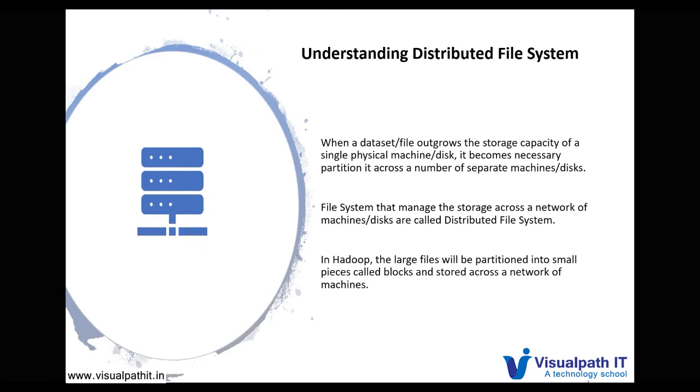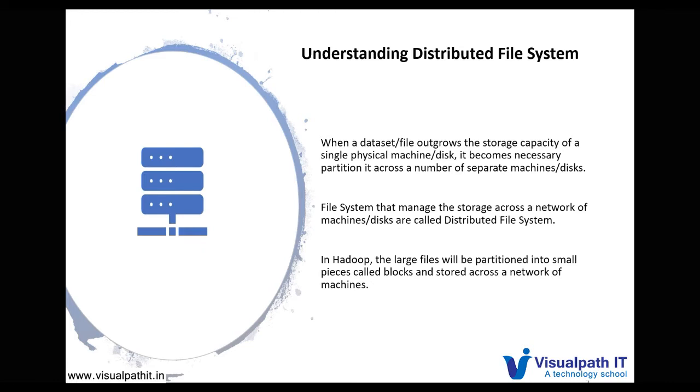A file system that manages storage across a network of machines and disks is called a distributed file system. For example, if you have a 100 GB file on a single machine and copy it to another machine, it takes a lot of time because one machine has fewer resources.